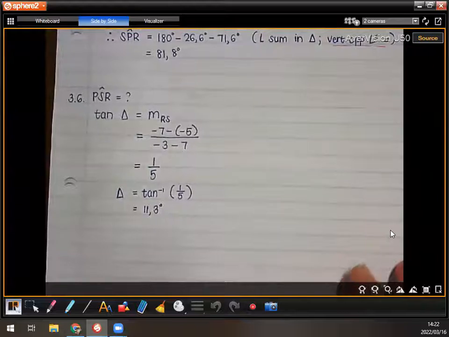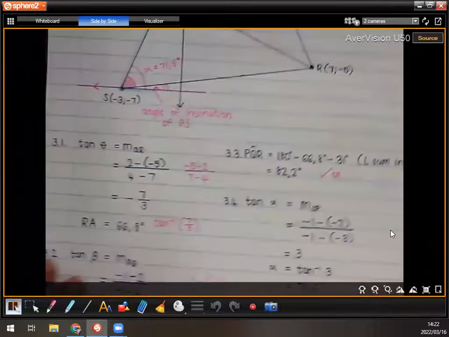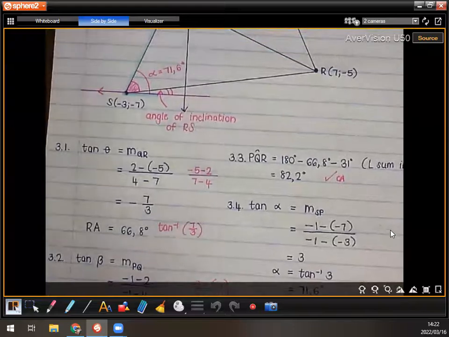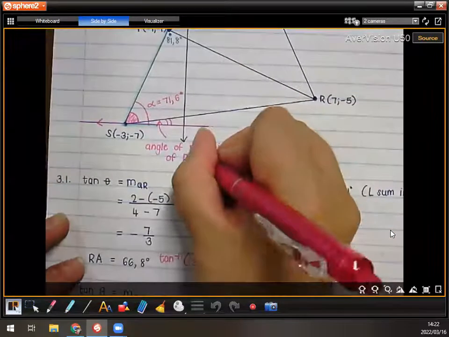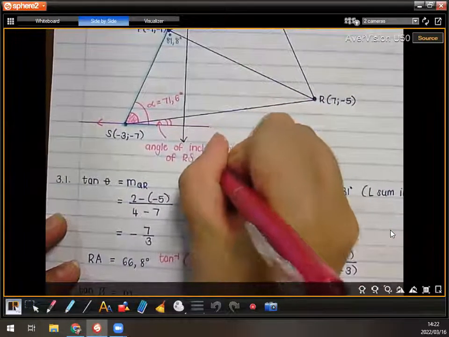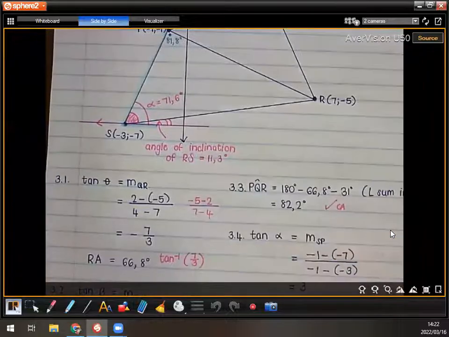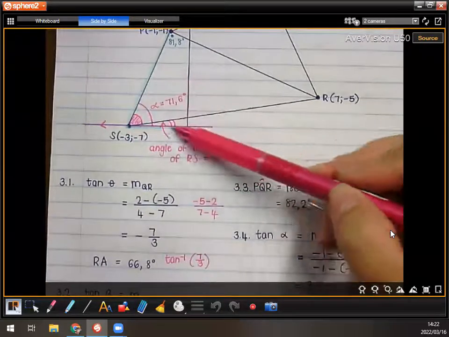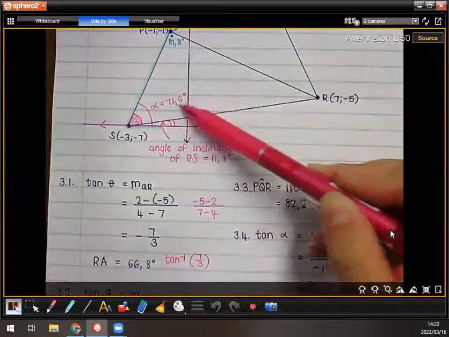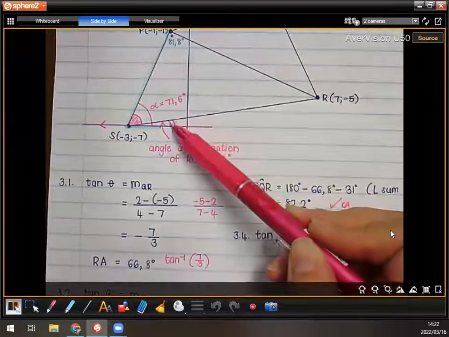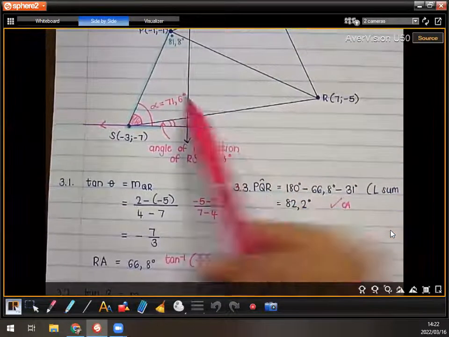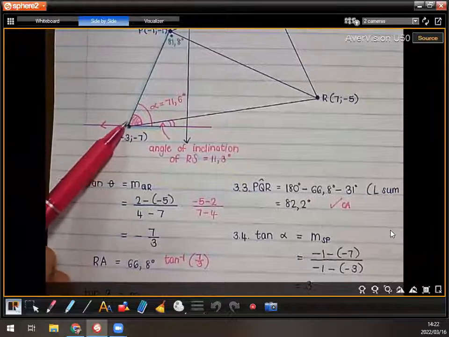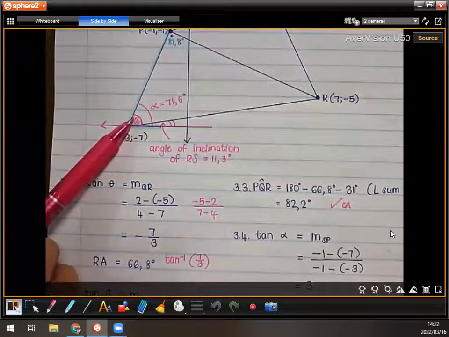I'm going to go back to my picture. I'm going to fill that in. 11.3 degrees. Okay, so like I said already, guys, I know that this whole angle is 71.6. Now I'm just going to minus that 11.3 degrees, and I'm going to be left with PSR, the one that they asked me to find.